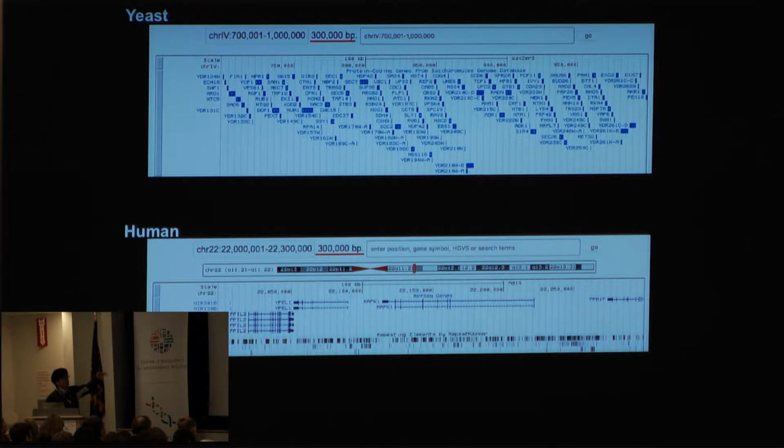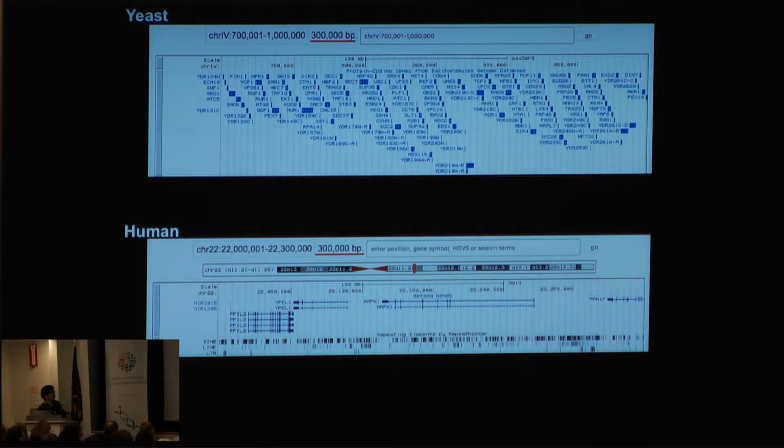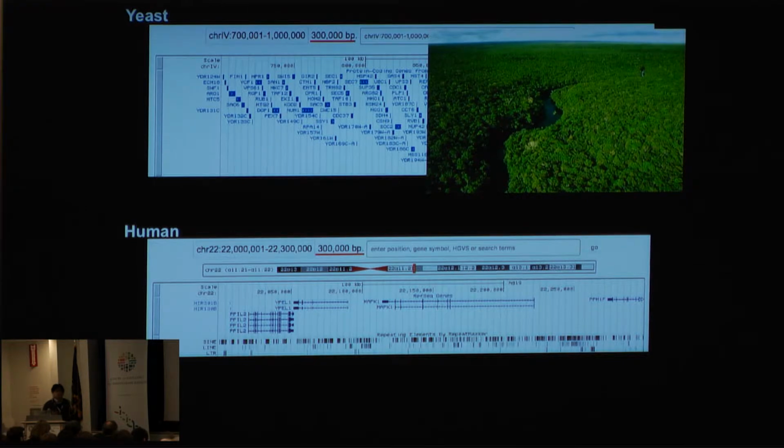You see the genome browser, which has the same length, 300 kilobases. And obviously on the top panel, you see many genes in the yeast. There are roughly 160 genes there. So it's kind of a forest of genes. On the other hand, the bottom panel, this is the genome we are going to synthesize, there are only 4 genes there.